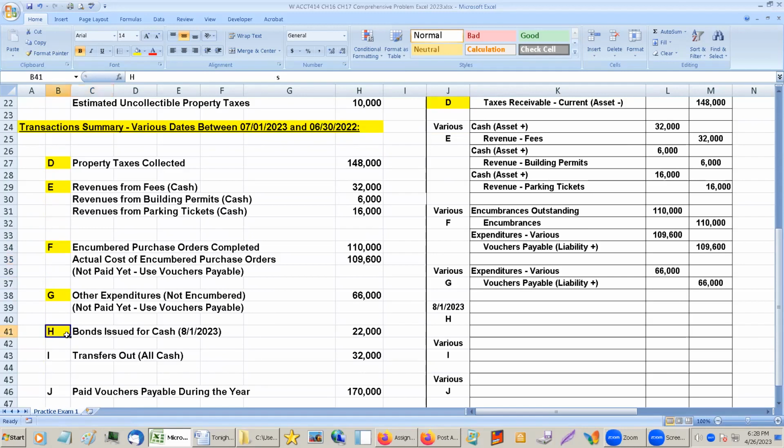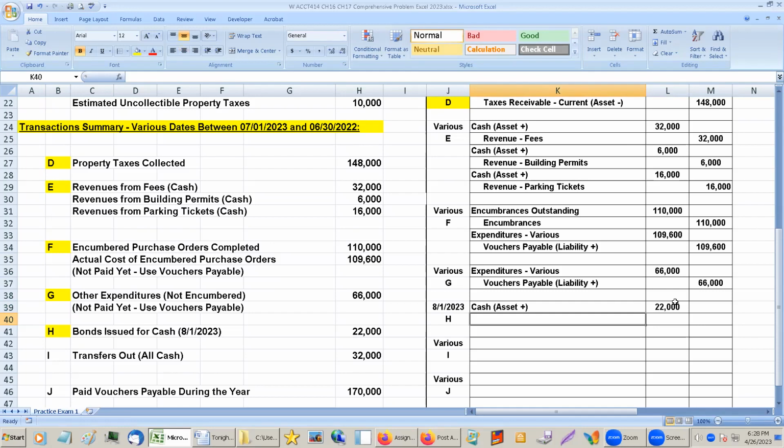Okay, I'm sorry, bonds issued for cash. I'll do the easy part. Now, in regular accounting, we would call those bonds payable.